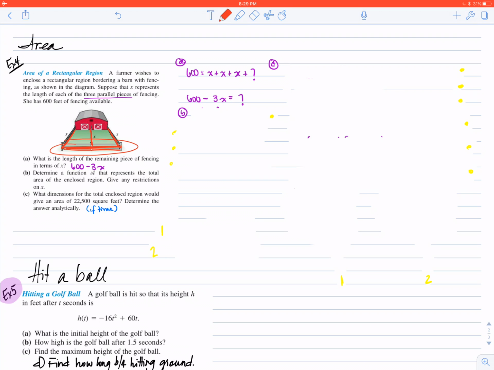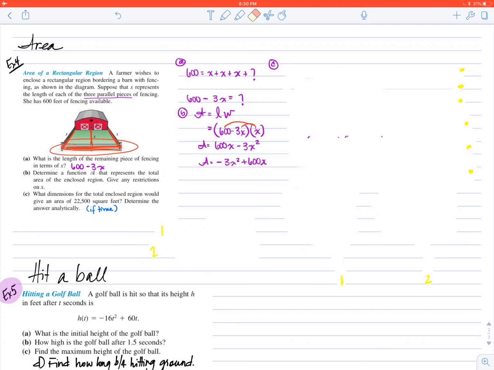Part B says to determine the area that represents the total enclosed region. Okay, so we know once again that area is going to be length times width. And the length of this is going to be 600 minus 3X. The width of it is just X. So if I go ahead and distribute to clean this up, I'll have 600X minus 3X squared.